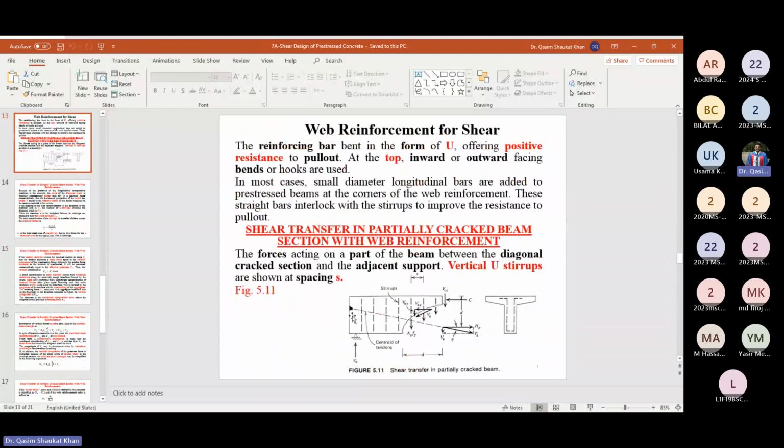So you can see your tendon is inclined at an angle theta, and this is the effective pre-stress. The vertical component of effective pre-stress is this one, Vp, which is taken as Pe into sine theta. Agree with this point?